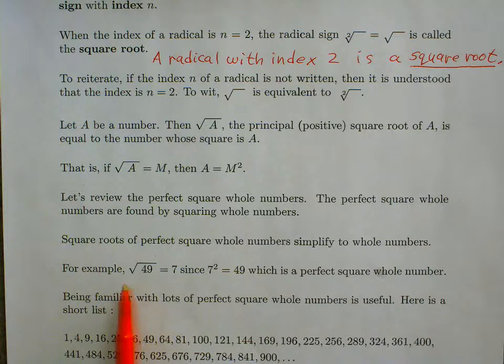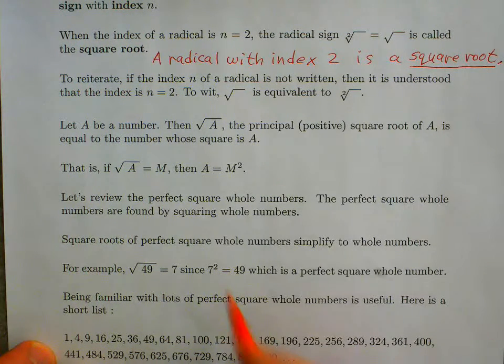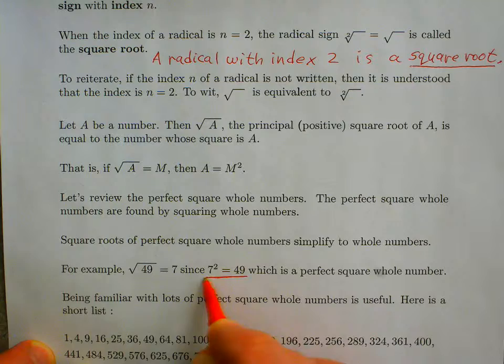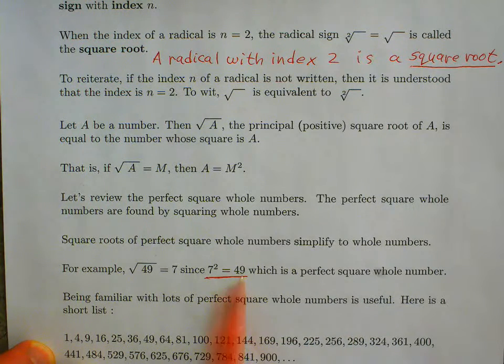The principal square root of 49 is equal to 7. We know that's true because 7 to the second power equals 49. 49 is one of the perfect square whole numbers. We know it's a perfect square whole number because 49 is the result of squaring the whole number 7.